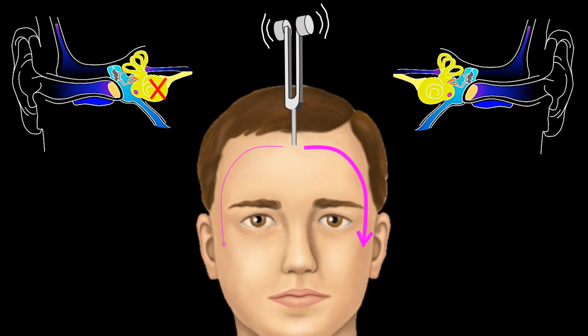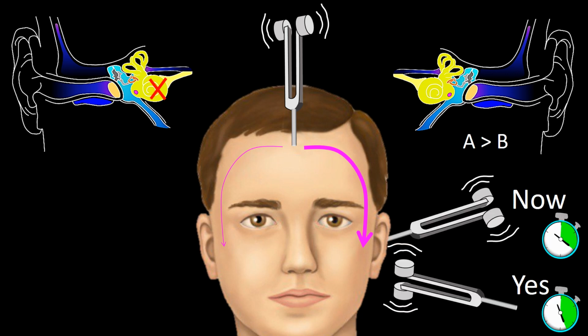The second presentation is illustrated in this frame. Here the Weber is heard with both ears, but it is louder in the left ear than in the right ear. The left ear, since it is normal, has longer air than bone conduction.